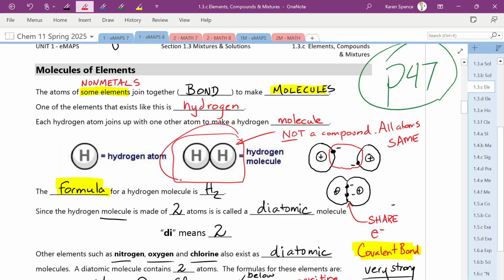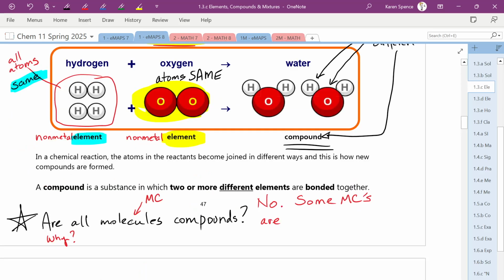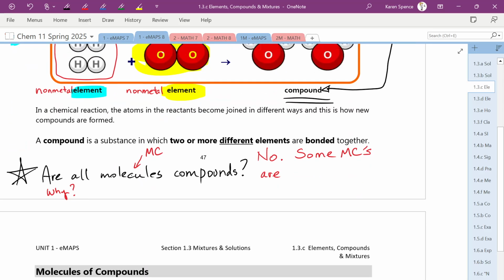That's a hydrogen molecule. Is that a compound? No, it is an element. So not all molecules are compounds. Some molecules are elements. So for example, H2.